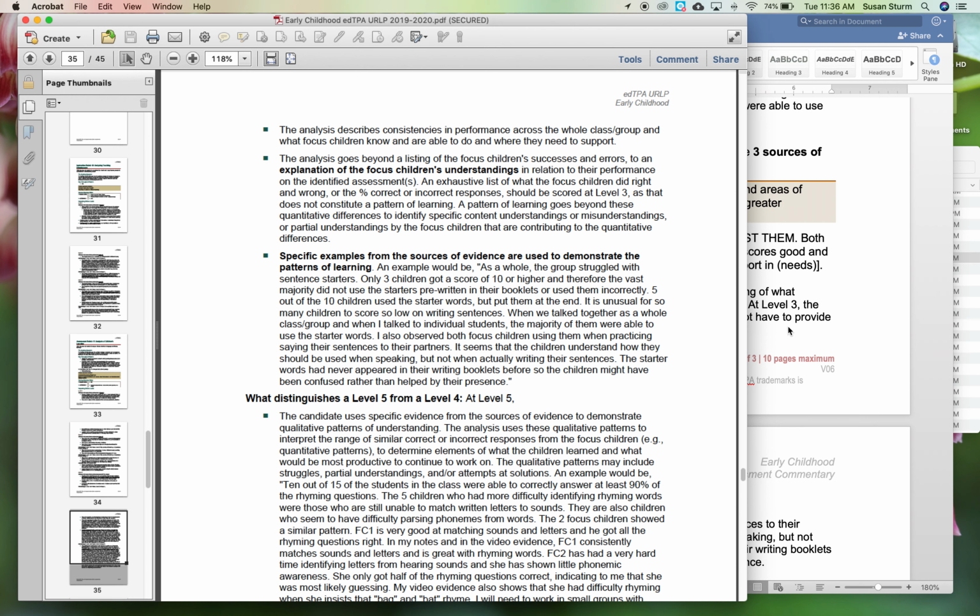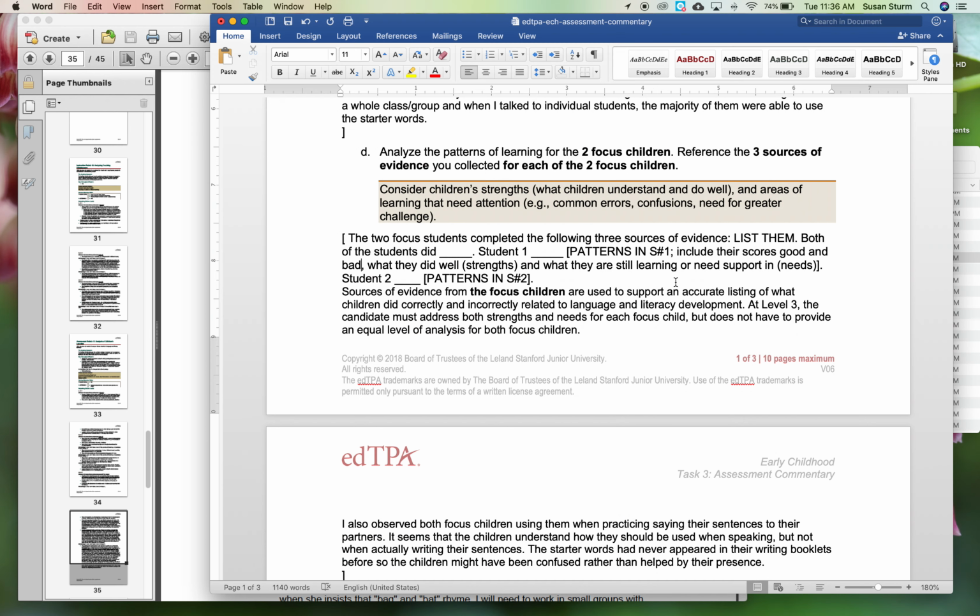And to do that, you're going to analyze with specific examples from their evidence sources what their strengths and needs were. So you've just listed what they did well, strengths. I'm going to add here with data examples. So that would be something like student number 1 was able to use at least 3 descriptive words correctly in his narrative writing.